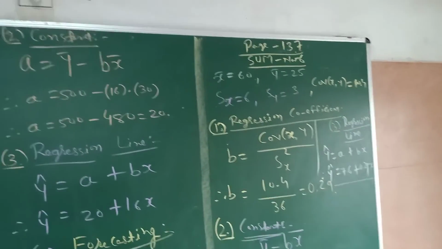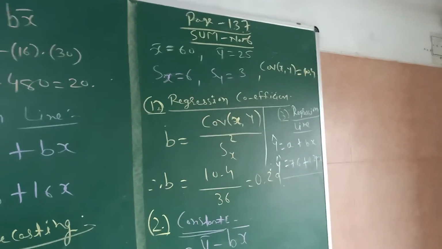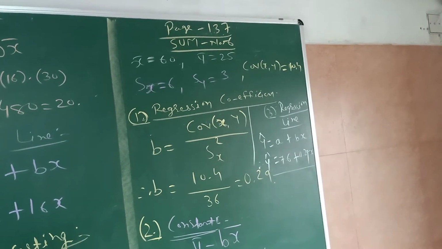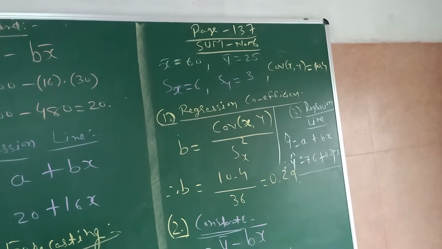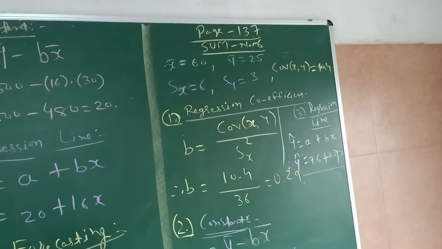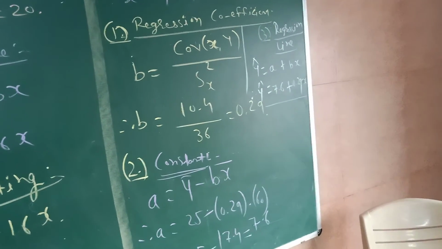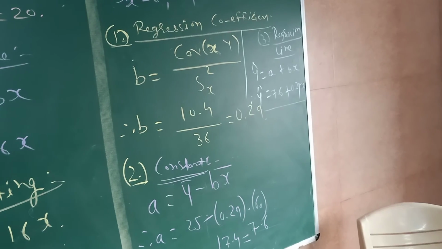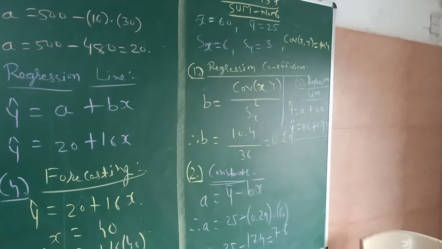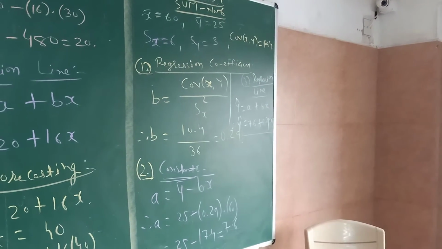Then the second sum in this video lecture is taken from page number 137, sum number 6, in which they provide covariance xy to us. X bar is there, Y bar is there, Sx, Sy, and covariance xy is provided. First step we find the regression coefficient, that is B, covariance xy upon Sx square. Sx is provided, so we do the square of Sx, that is square of 6, 36.